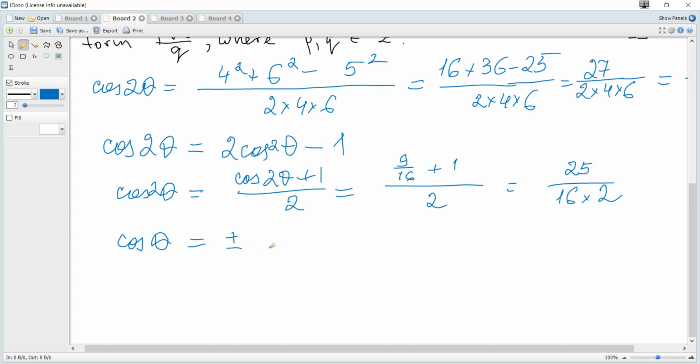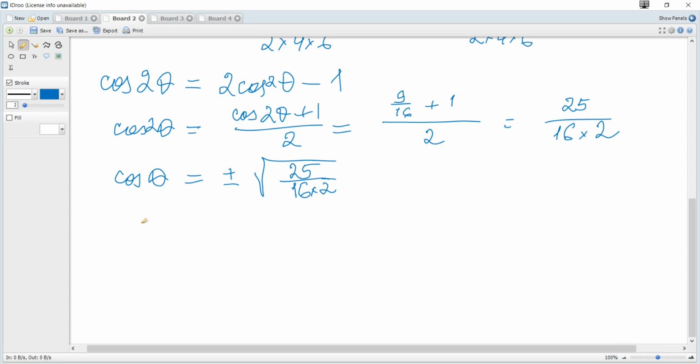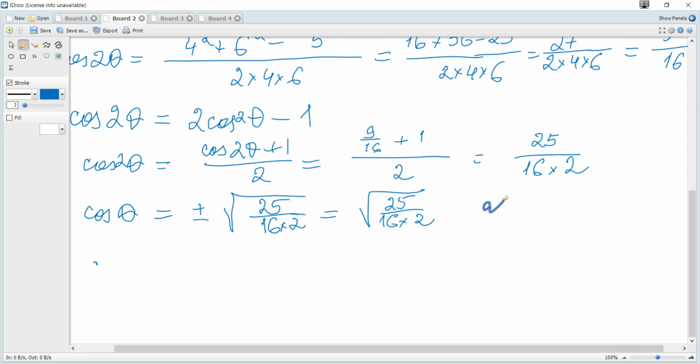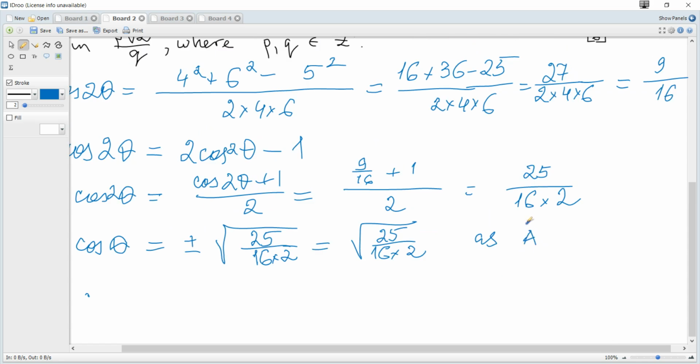So we can say that in general it's plus or minus the square root of 25 over 16 multiplied by 2, and we then say it's plus, and explain that as angle A is greater than 2 theta, 2 theta is less than 90, so cosine of 2 theta is positive, so cosine of theta is also positive.